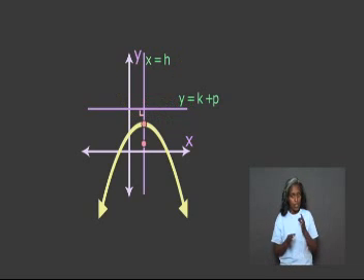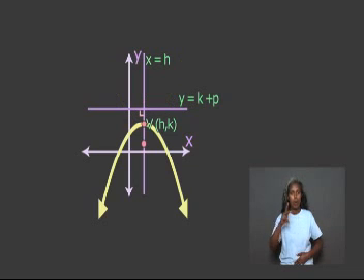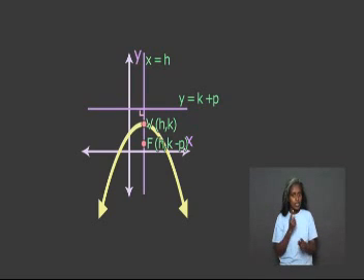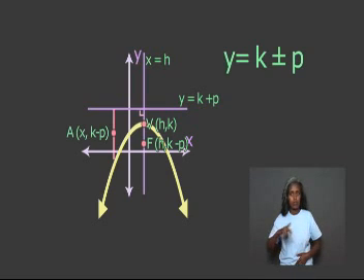If the focus is below the vertex, the parabola opens downward, and the focus is found at (h, k minus p). Just as in the x parabola, the directrix is equidistant from the vertex, and its equation is y equals k plus or minus p.